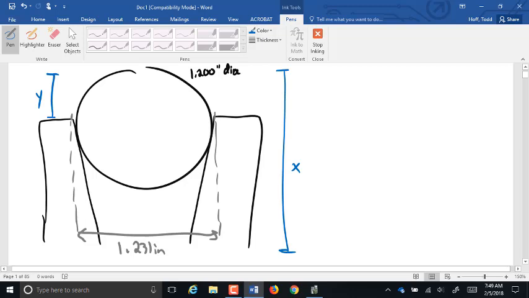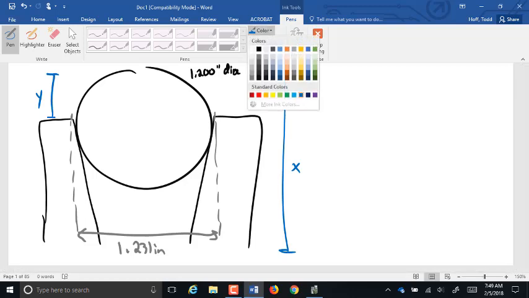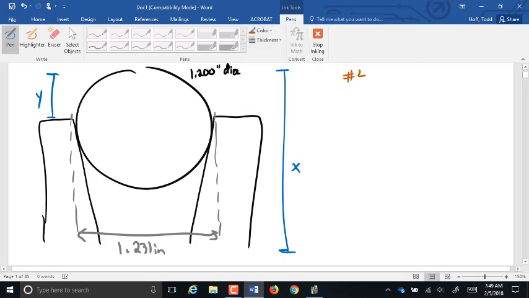It doesn't look like there's much information here, but there really is. This is a number 4 Morse taper. A number 4 Morse taper is 0.62326 inches per foot change in diameter.